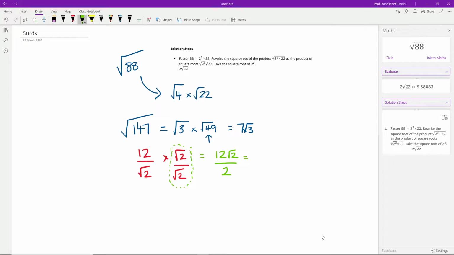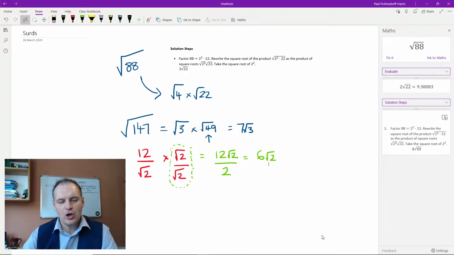So here we have 12 divided by 2 gives us 6 root 2. What this is saying is 12 over root 2 is equal to 6 root 2. And we always are looking to do this. We are always looking to rationalise the denominator. And we want to make it clear that that's what this is called.